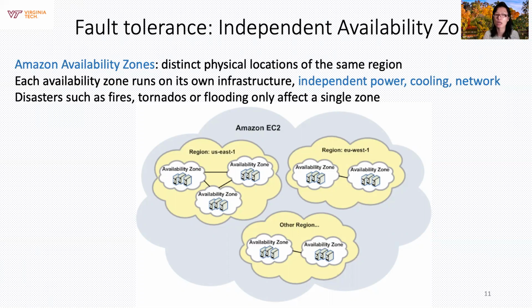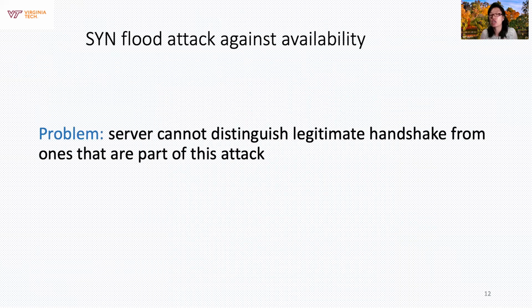So if one zone goes down due to fire or flooding, with climate change you never know, it won't impact other zones. And a lot of the time, the most effective prevention against a denial of service attack is to have more servers.